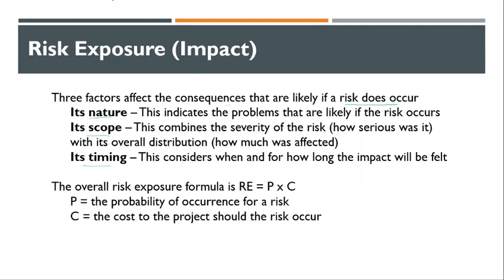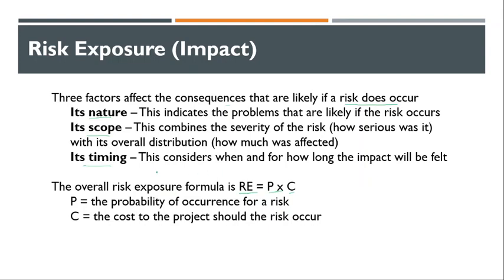So we can find out the risk exposure by using a formula, that is P by C. The product of P and C, P into C, will give you the risk exposure.